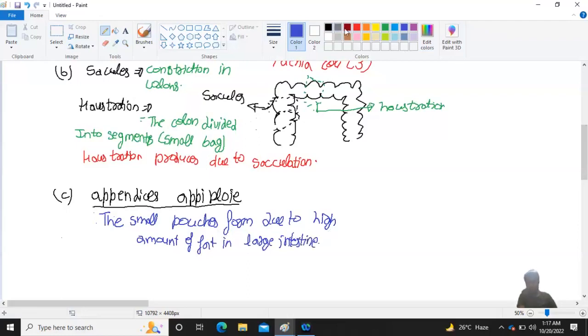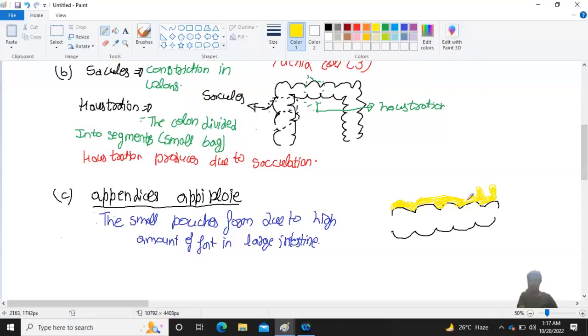Let's say this is the intestine with sacculations. The fat present is like this, and there are some bags like this.